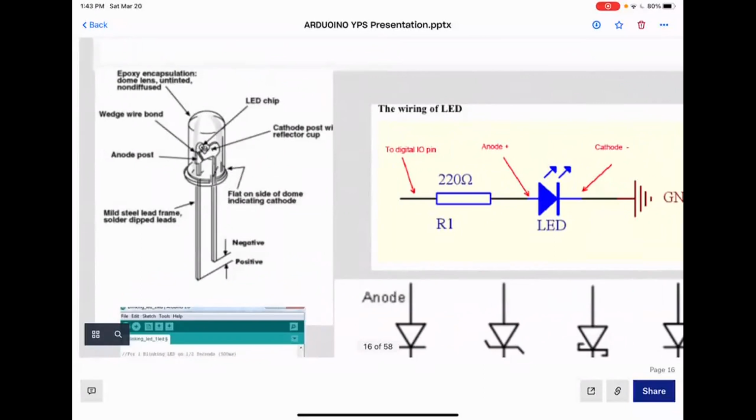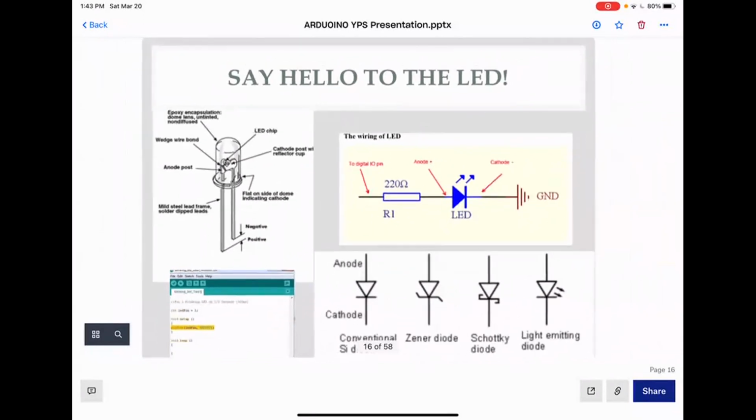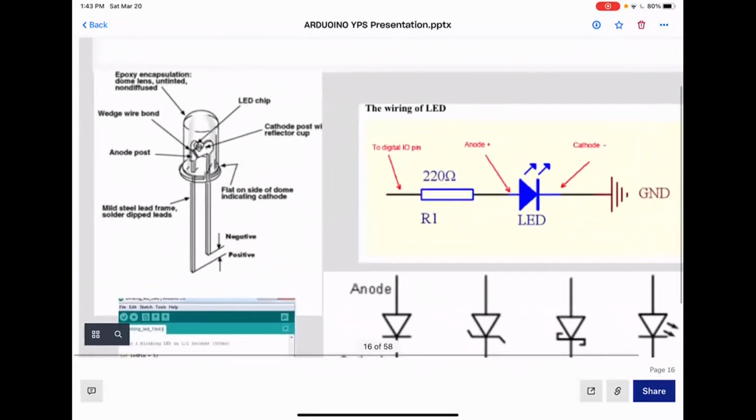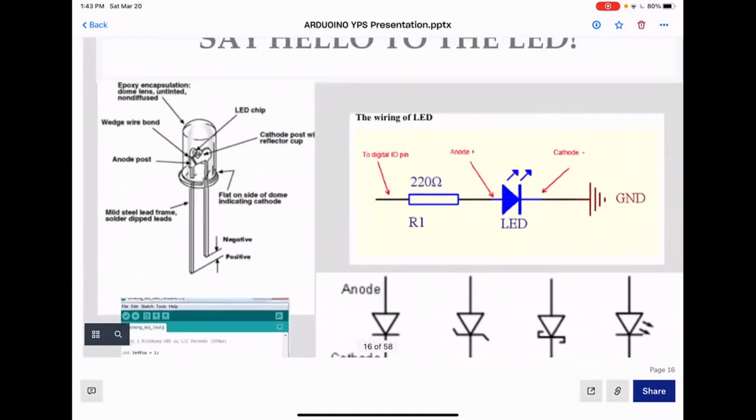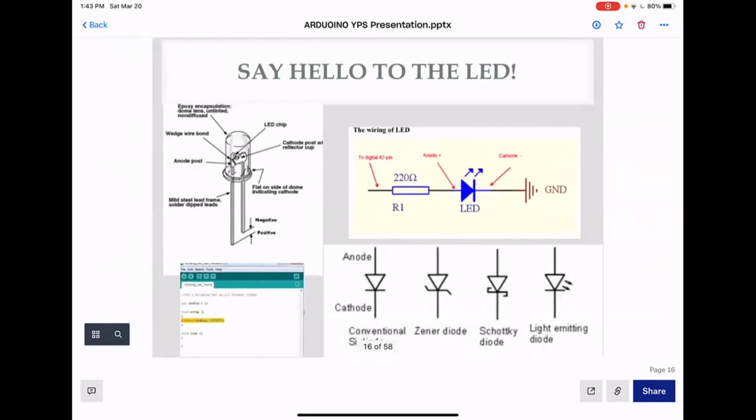You see one of them is smaller? The negative always goes to ground. To have a closed circuit, you have to have a voltage source and ground so the current can flow. If you accidentally plug the positive to ground, you're not going to do damage, it's just not going to turn on. So one thing we try to remember is to put the LED's short leg to ground.